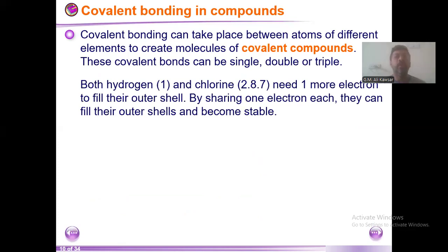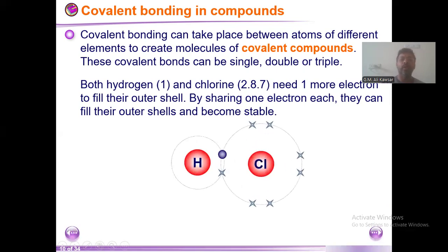In it, hydrogen has only one valence electron, and chlorine has 7 valence electrons, that means outermost electrons. So hydrogen needs one electron more to get the configuration of helium, and chlorine also needs 1 electron more to get the configuration of argon. Whenever they come closer, both atoms will have a full outermost shell.